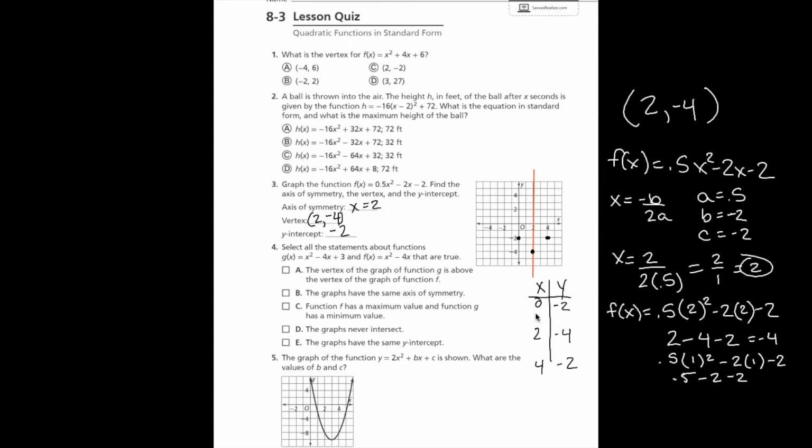So this is going to be 1, negative 3.5, and 3, negative 3.5. So it's going to be somewhere around here. And when I go to draw my parabola, it's going to be opening up because my leading coefficient is positive. So here's my graph. We found the axis of symmetry, the vertex, and the y-intercept. Let's move on to number 4.